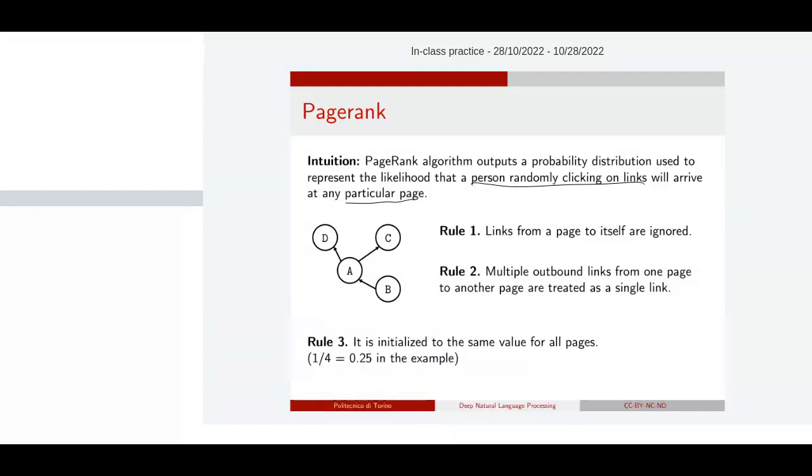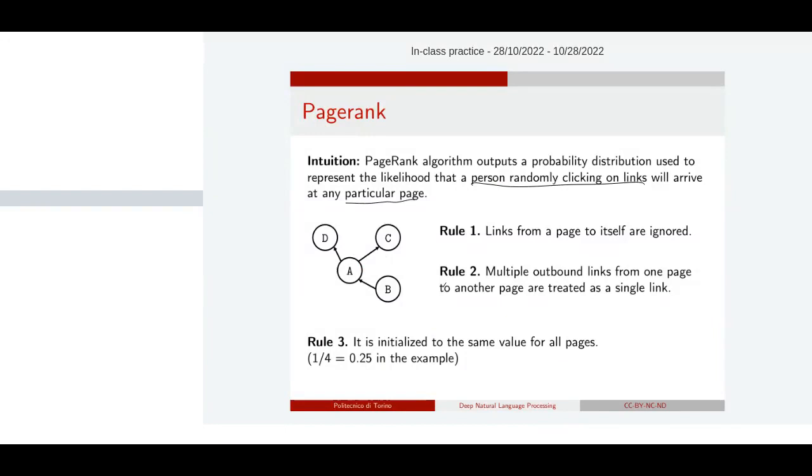Second, if I have multiple links from one page to another, so if I have something like this, multiple links from A to C, I will consider them as being a single link. So I compress all of this into a single link. I'm not a good drawer, but the idea is clear.